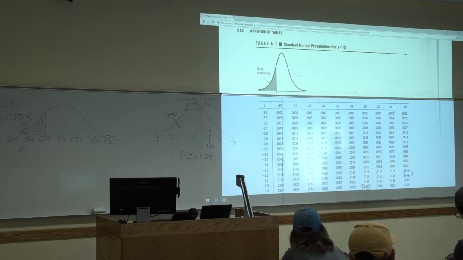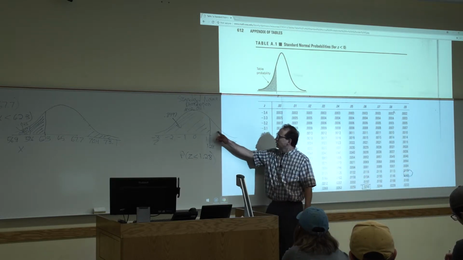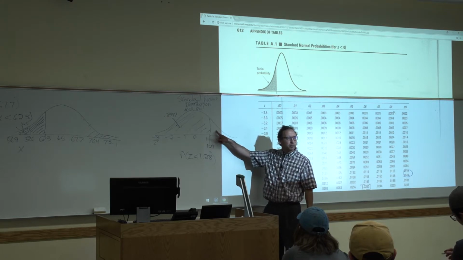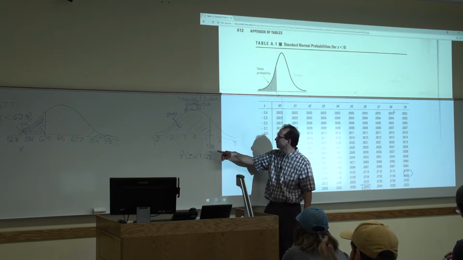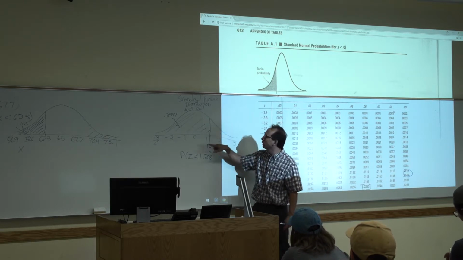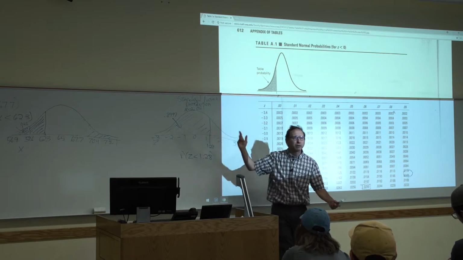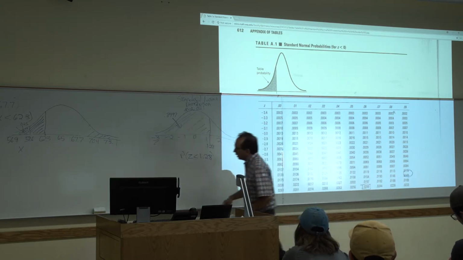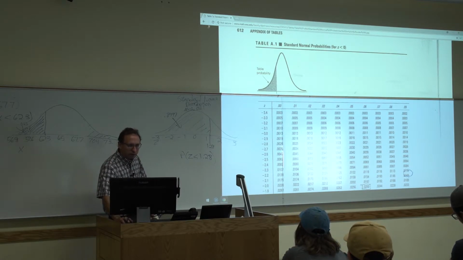Okay? So if you want the area to the right of 1.28, what would you do here? You know the area under the whole curve is 1, or 100%, so if you wanted this area, you would just do 1 minus this will give us this. Does that make sense? Okay, so now you see how to use the table here.